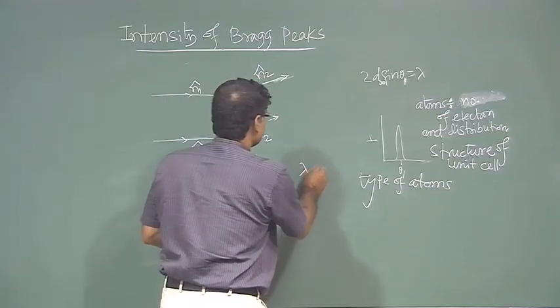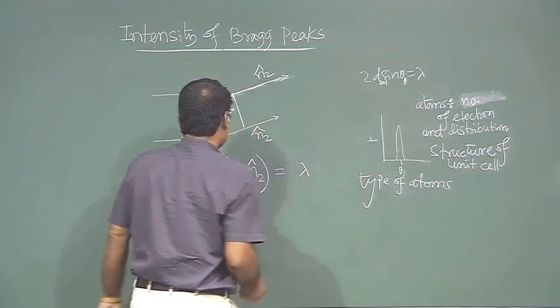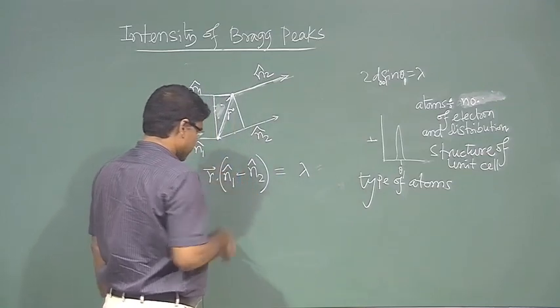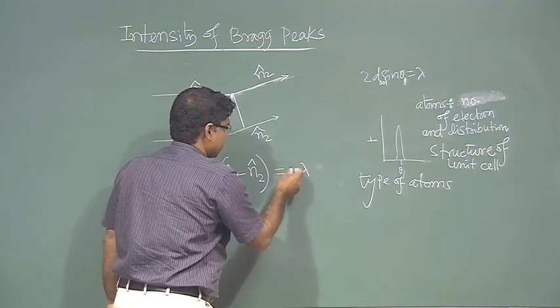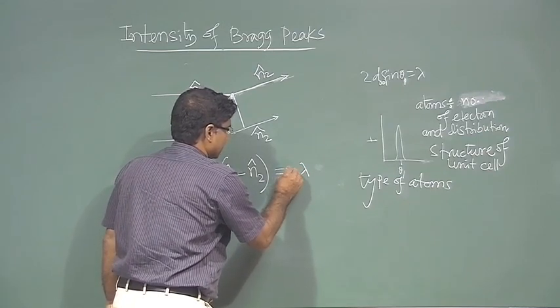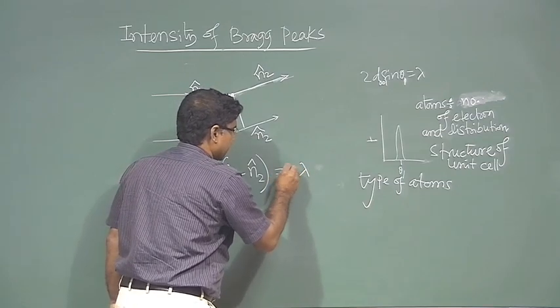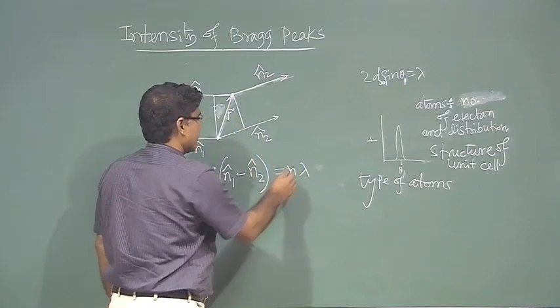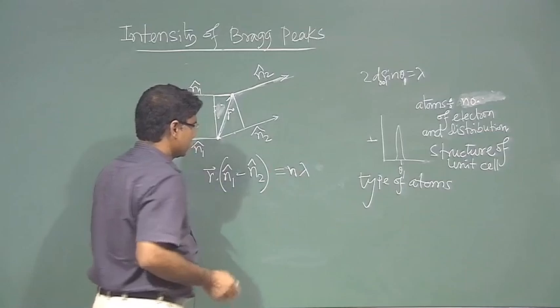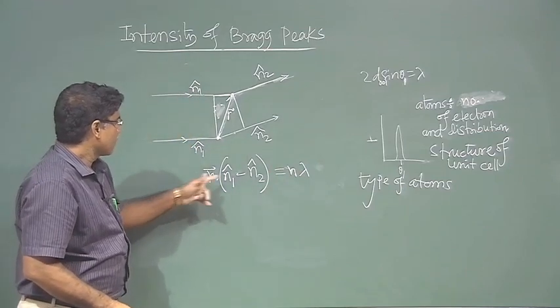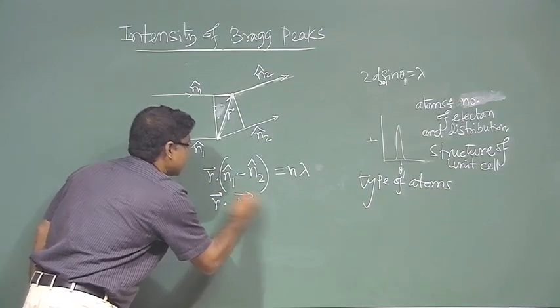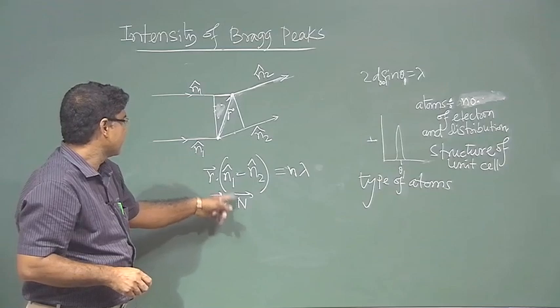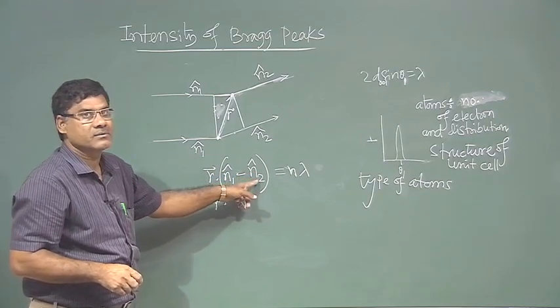So, this equals some integer n times lambda. So, I can write r dot capital N, where capital N is n1 minus n2.